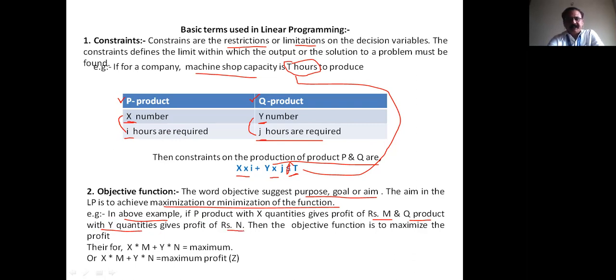Then what is the objective function here? For this firm or company, the objective function is to maximize the profit. Correct?